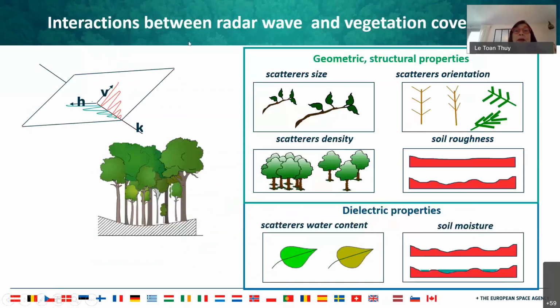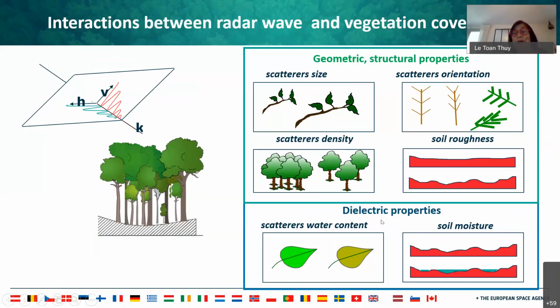And then with the vegetation cover again, what kind of elements interact with the wave? Here you have the geometric and structural properties of vegetation and soil. For vegetation, you have the scatterer size, scatterer orientation, and density.